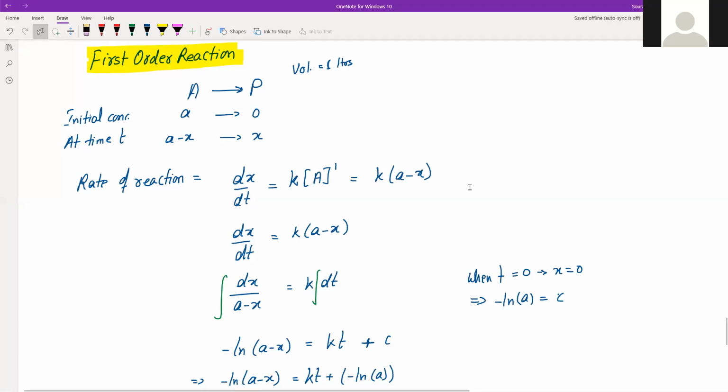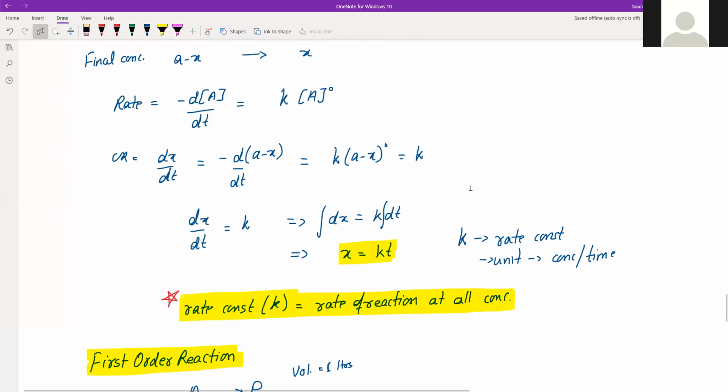So in the zero order reaction, we have seen that x was equal to kt, or k was equal to x by t. So its unit was concentration per unit time. So this was the unit of k, but now the unit of k will change.